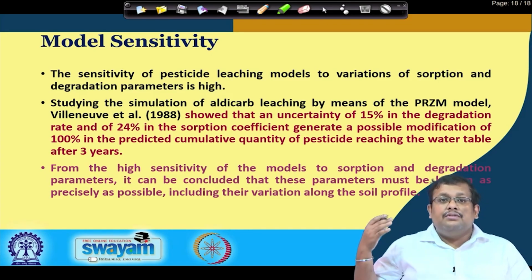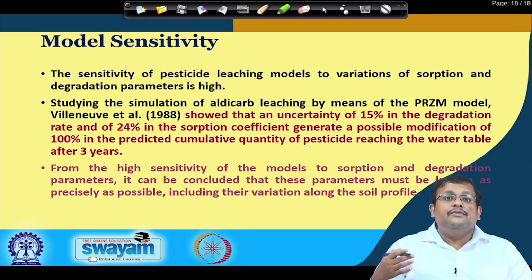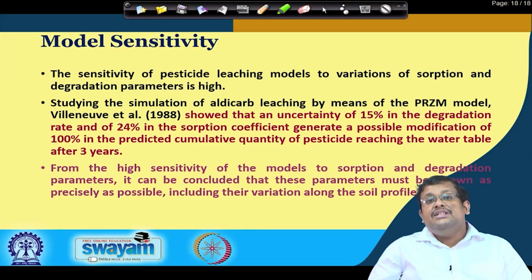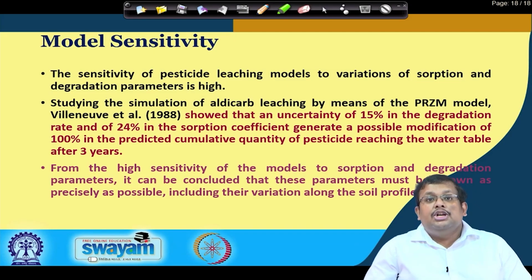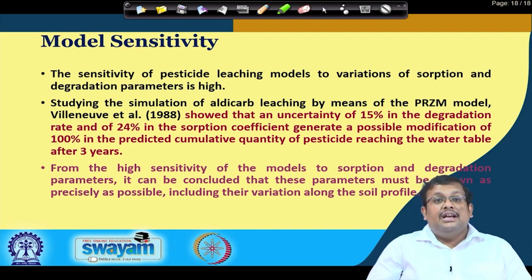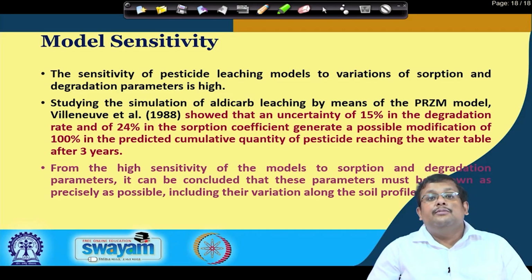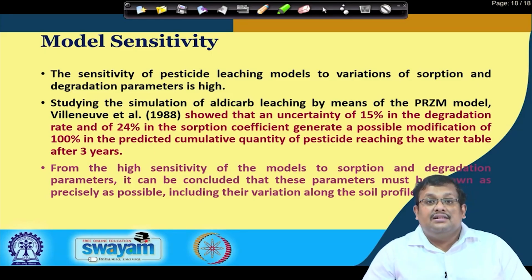Villeneuve et al. in 1988 showed that an uncertainty of 15% of the degradation rate and 24% of the sorption coefficient generate a possible modification of 100% in the predicted cumulative quantity of pesticide leaching in the water table after 3 years.